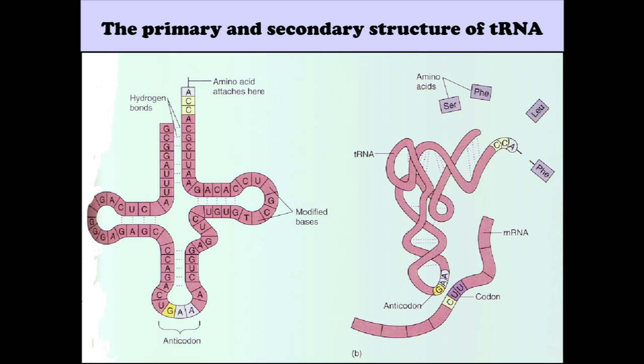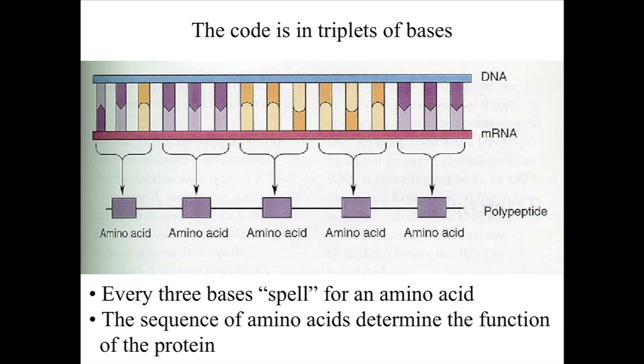So these transfer RNAs have these clover-like shaped structures, and these are also comprised of amino acids. And the code is in triplets. So the template in DNA is transferred to this mRNA, and then 3 of these are spelling for 1 amino acid, and so on. So the code is read from one direction to the next.